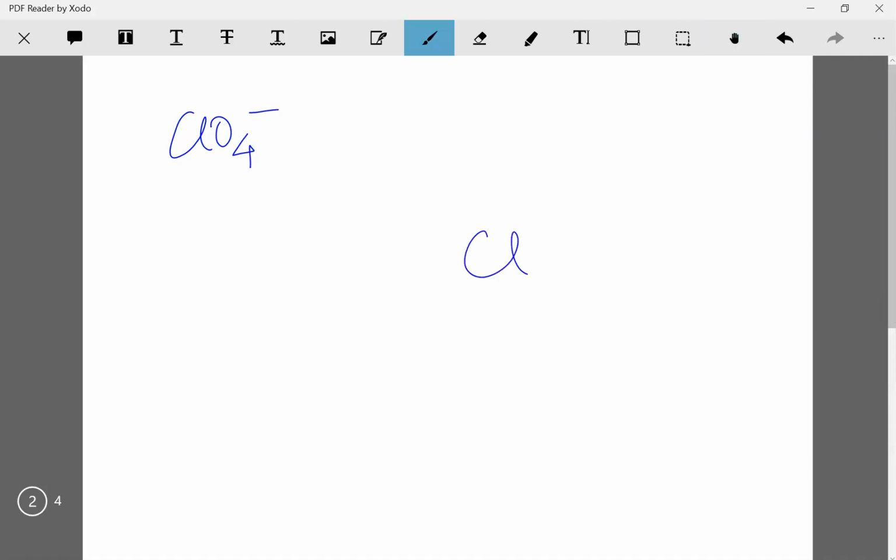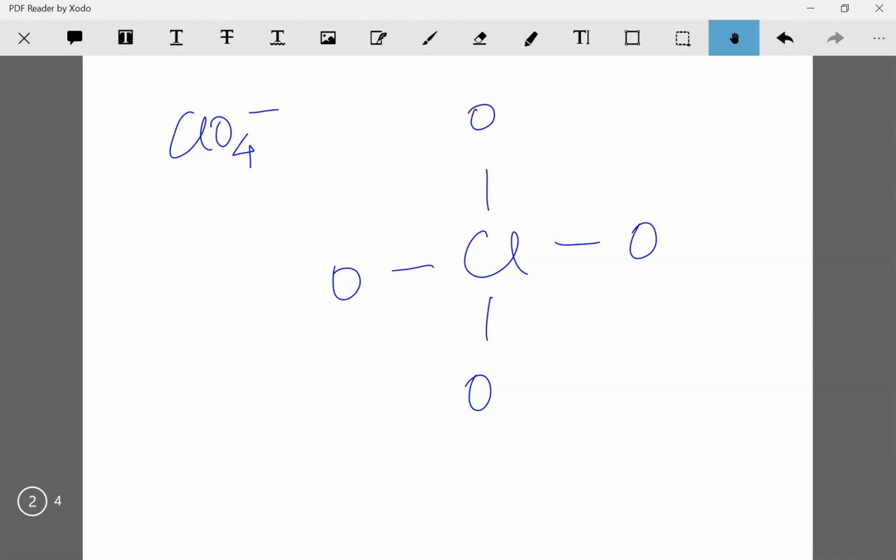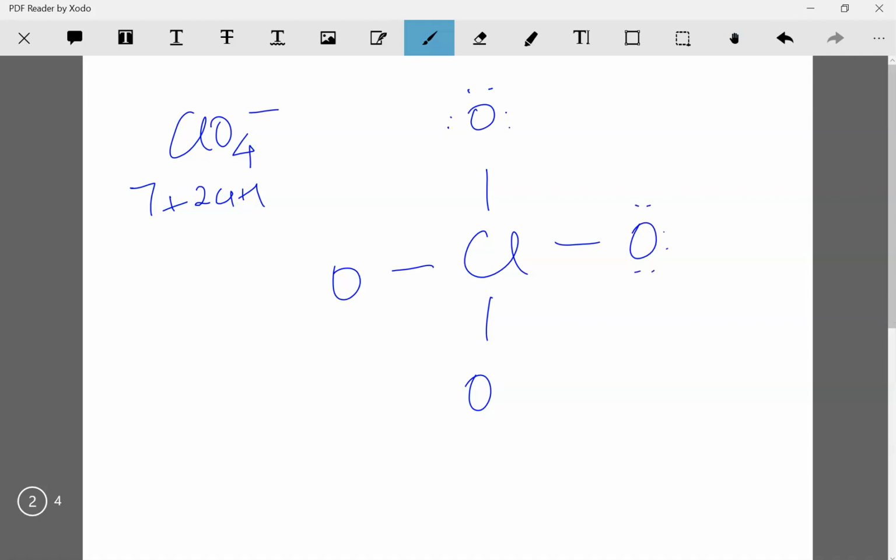ClO4 minus, central atom is chlorine, 4 oxygens on all the sides. Here we count the electrons as 7 plus 24 plus 1 is 32. Very similar to the phosphorus case, we have 1, 2, 3, 4, 5, 6, and we have 8, 10, 12, 14, 16, 18, 20, 22, 24, 26, 28, 30, 32.